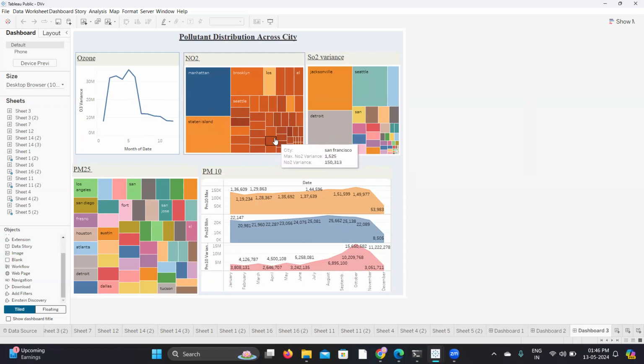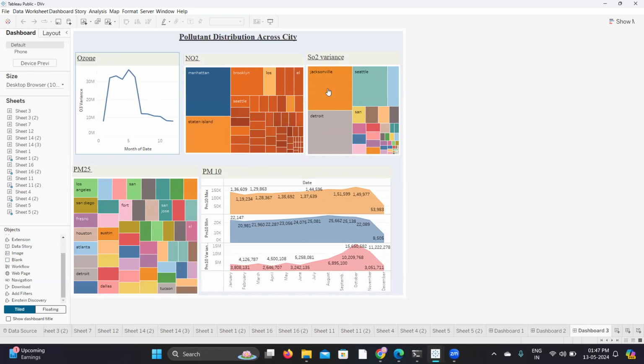Cities like Manhattan, Brooklyn, and Seattle show larger dark-colored blocks, highlighting their higher NO2 levels, which could be attributed to denser traffic and industrial activities. This visualization allows viewers to easily compare NO2 pollution across different areas and identify pollution hotspots.